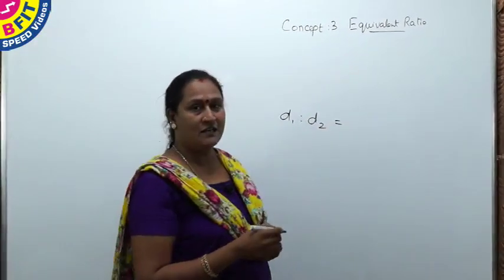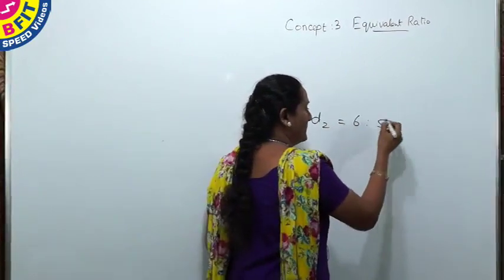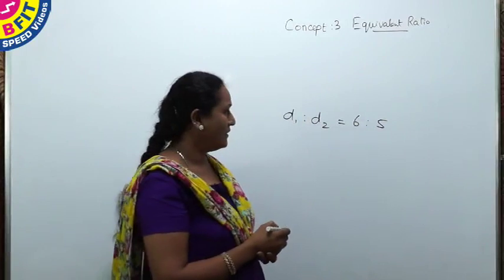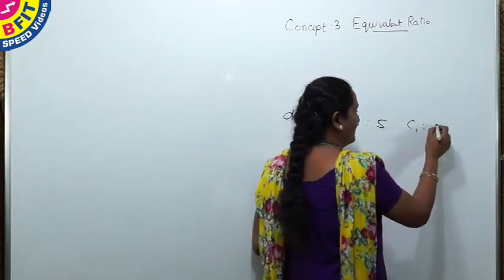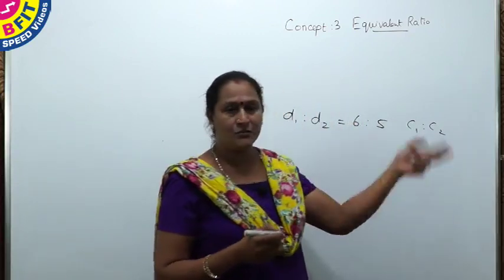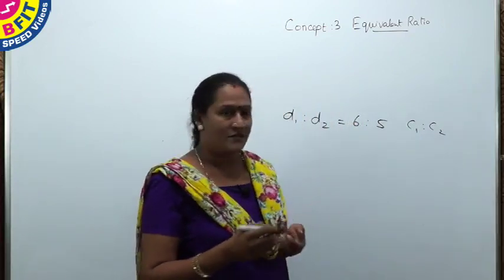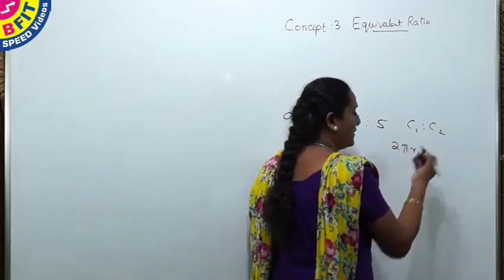So for two circles, the diameter ratio is given as 6:5. And you are asked to find the ratio of circumference. So C1 and C2 we will take as the circumference of these two circles. So what is the circumference? 2 pi r.